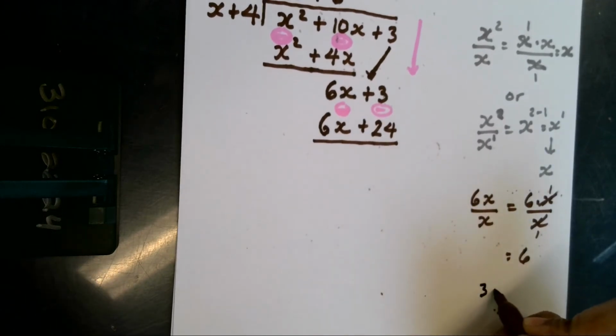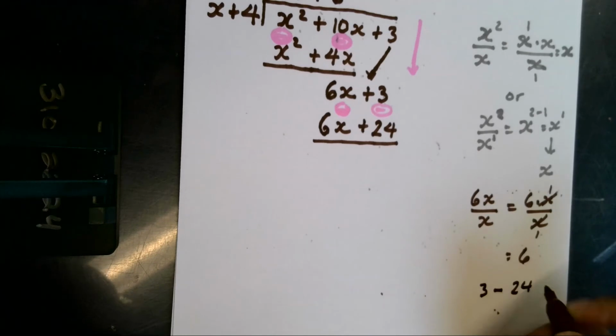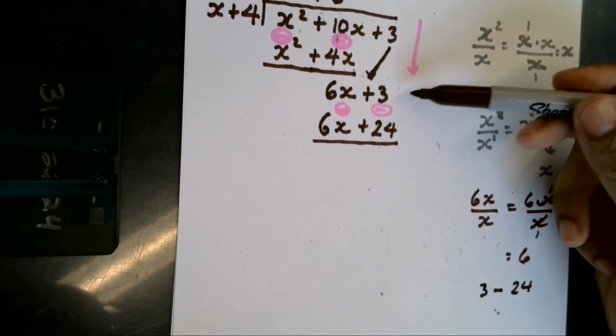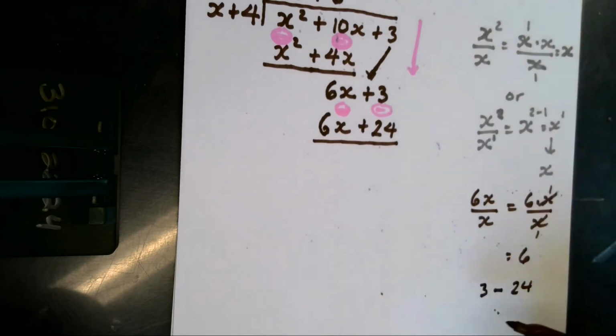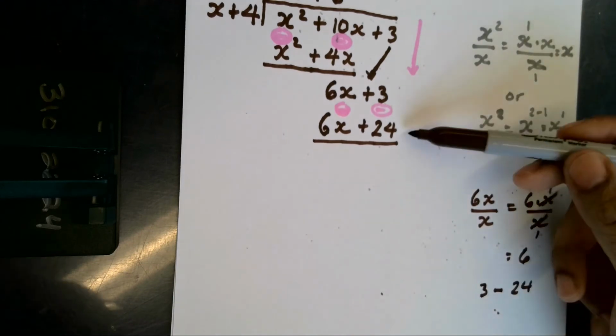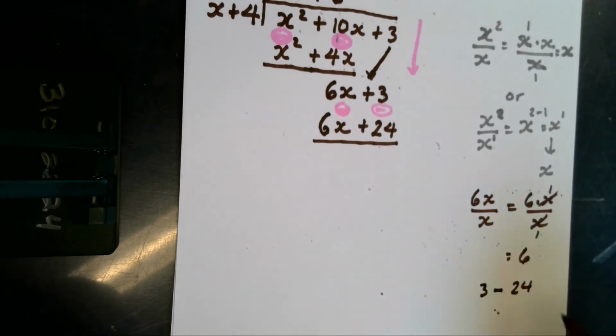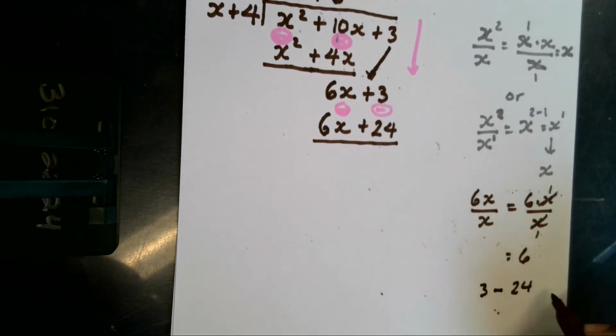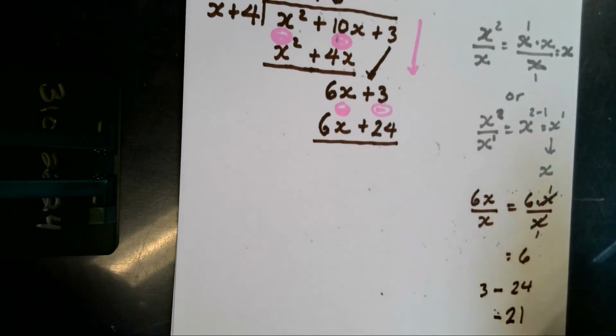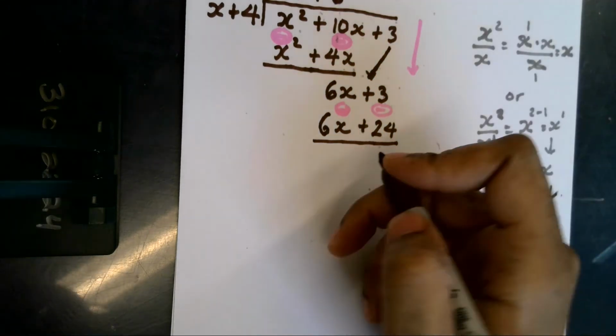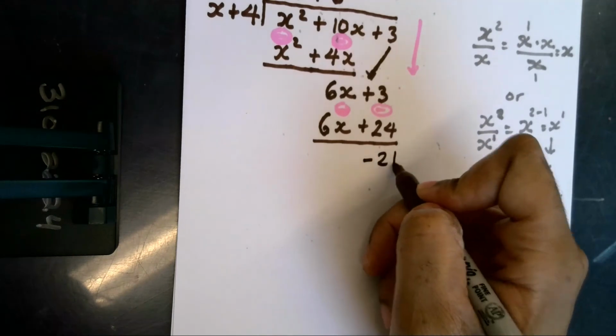So the top number is written first, and our bottom number is written second. So 3 take away 24, that is going to give us negative 21. So our remainder here is negative 21.